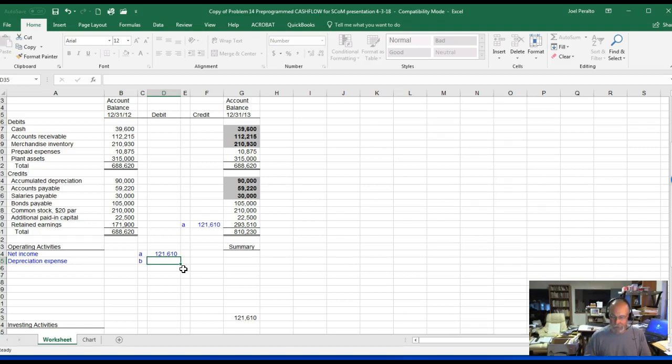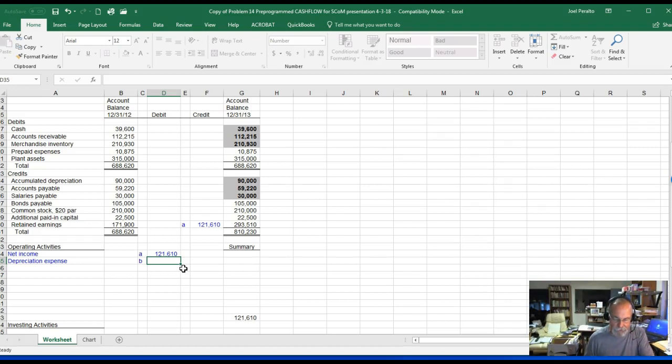So basically what that's saying is that depreciation doesn't require an outlay of cash as an expense. And so if we start with our net income as the first addition to cash for the statement of cash flows, we would have to add back that non-cash expense, which represents depreciation.